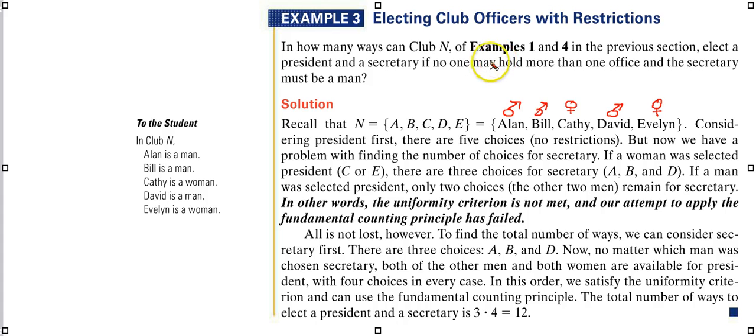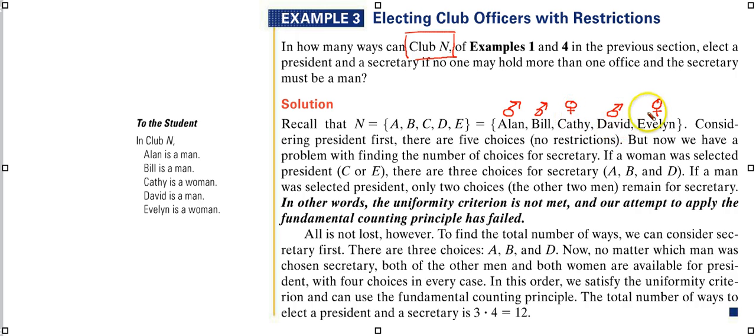Now here, this was described again in a section that we're not covering, but if we look at what is here, you have a club, and it has these particular members, let's say. And as we look at their names, we see that this is a male, this is a male, this is a female. I'm using my genetic symbols from biology.